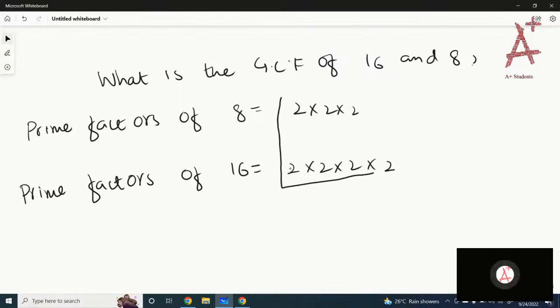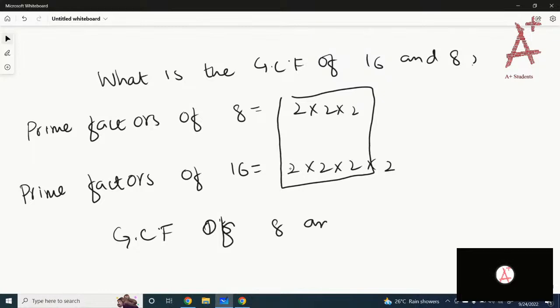So the common factors are these. So the GCF of 8 and 16 is 2 times 2 times 2. When you multiply them, 2 times 2 is 4 and 4 times 2 is 8. So the greatest common factor of 16 and 8 is 8. Got it? So select the correct option and click on the OK button.